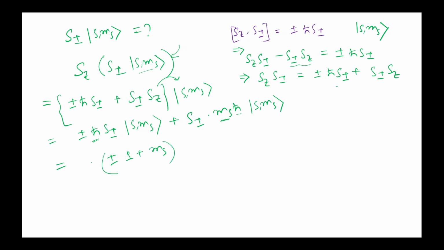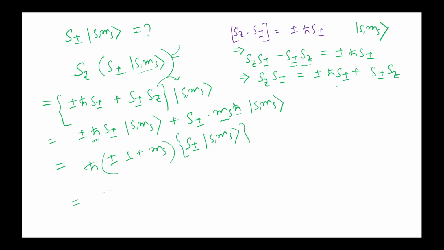So now you are taking common this ħ, and you have S plus minus operating on |s, ms>, right? Carefully look at this.